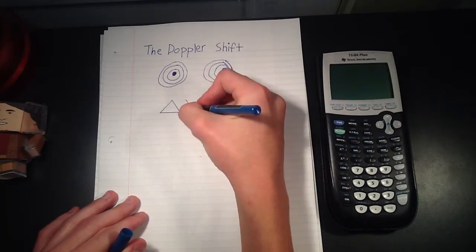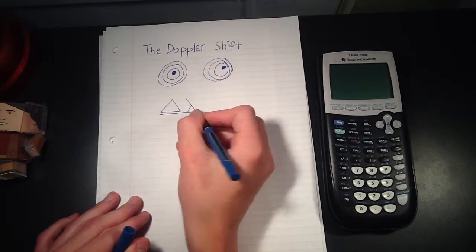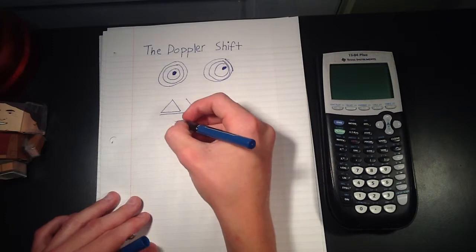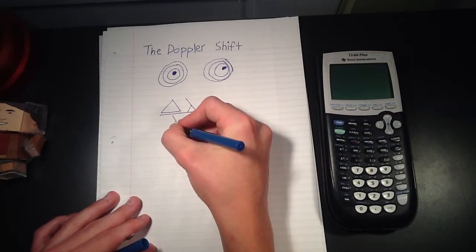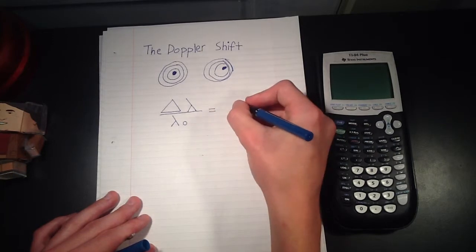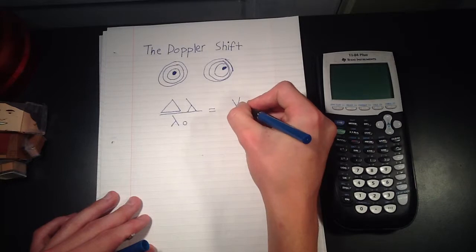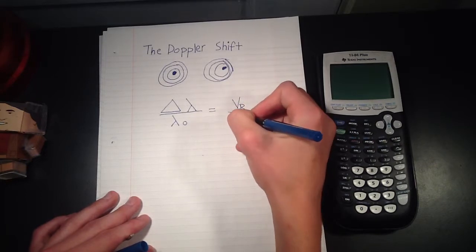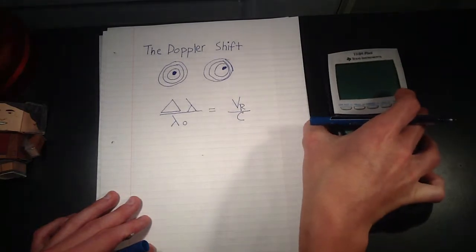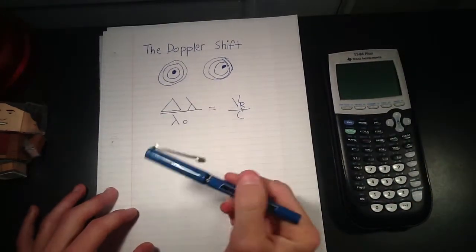Delta lambda over lambda little o equals V sub r over C.